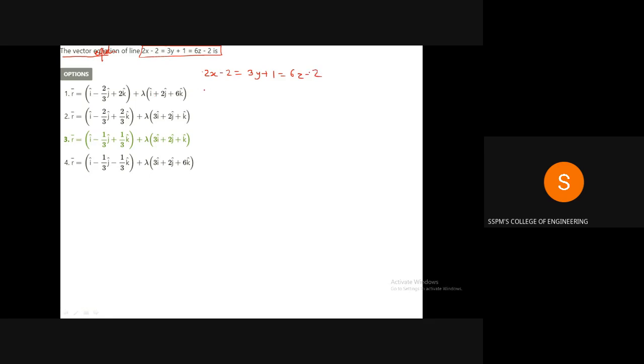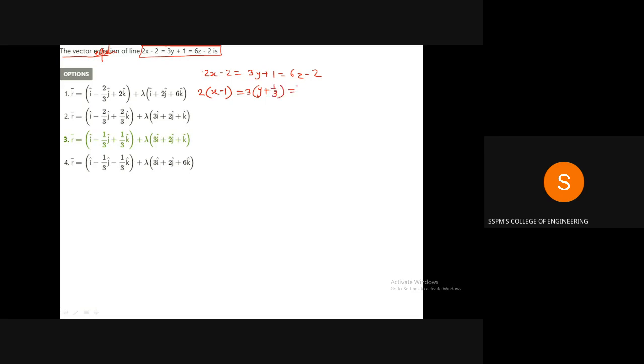Okay, so now we can also write it as, if we take 2 common, we have 2 into x minus 1. If we take 3 common, we have 3 into bracket y plus 1 by 3.